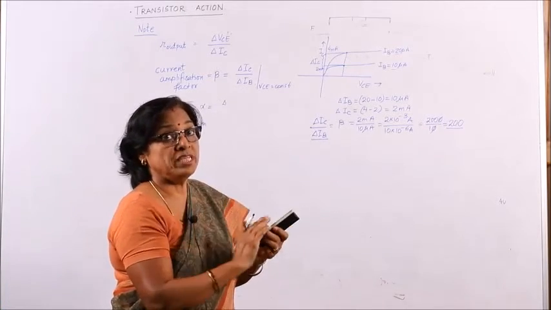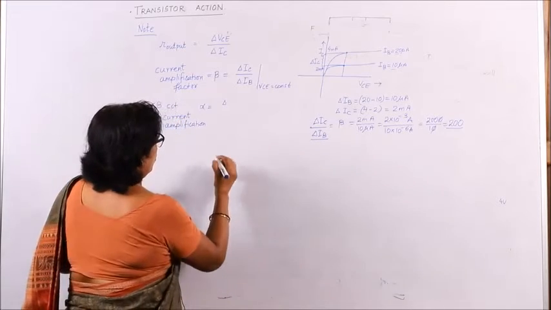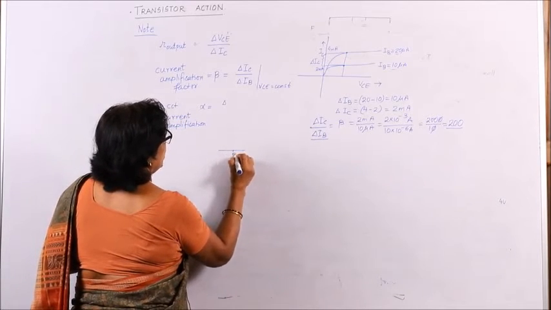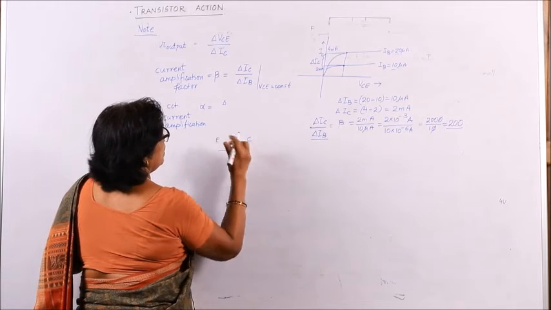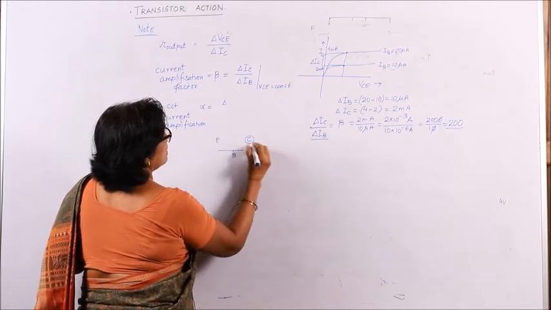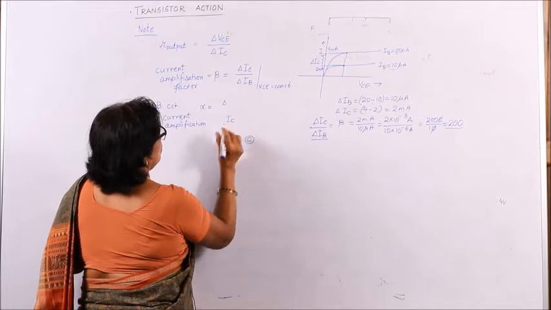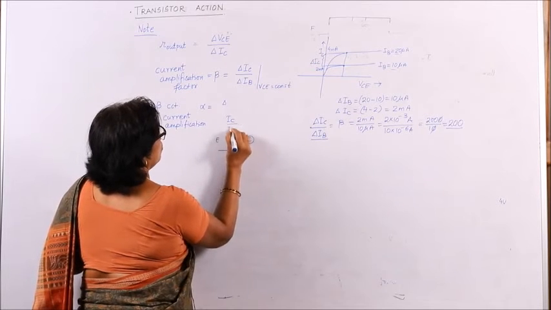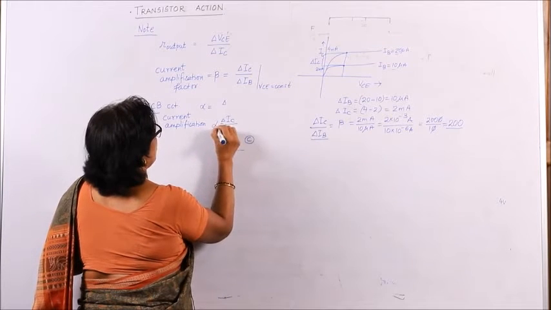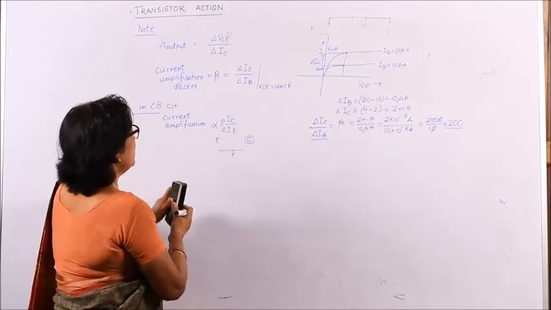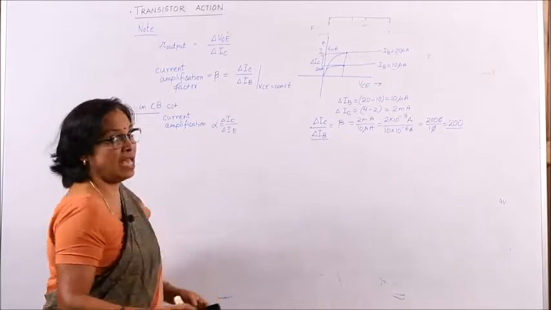That means base is in the middle, emitter is on one side and collector is on the other side. That means the output current will be IC and the input current will be IE. So, this ratio is alpha. So, in case of common base circuit, this is alpha.